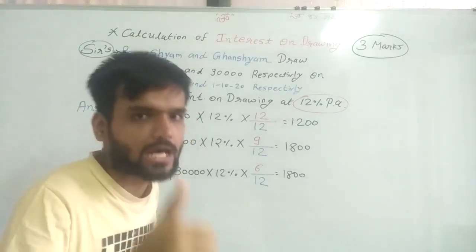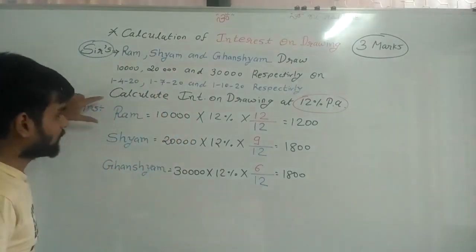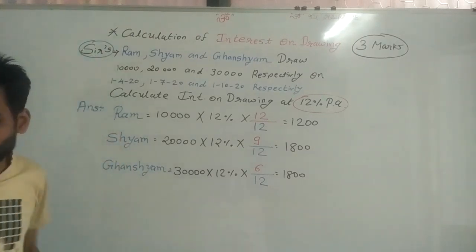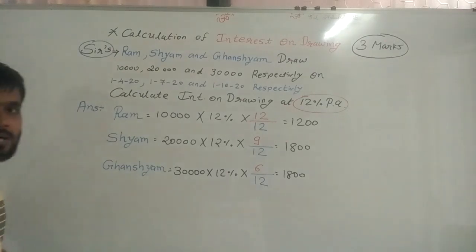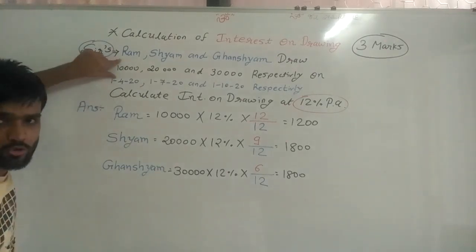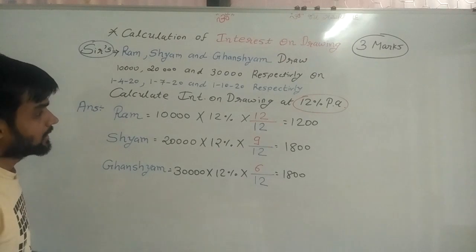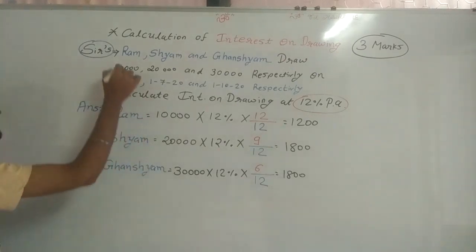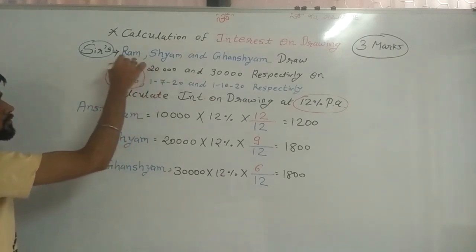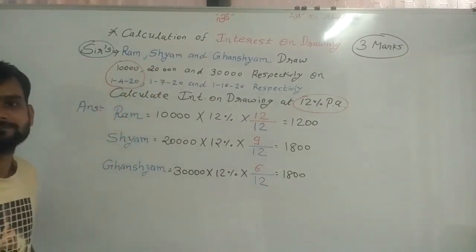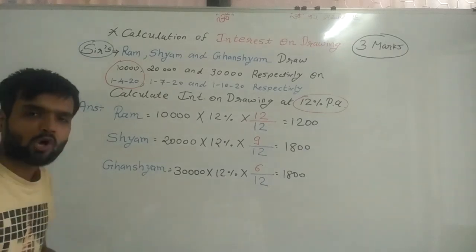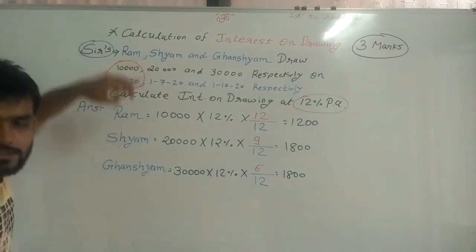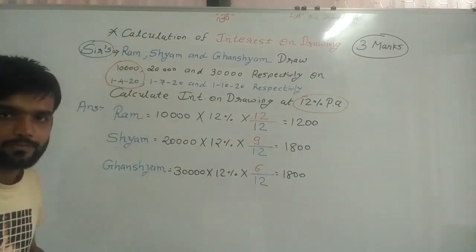Now for Ram, first of all we are seeing Ram. Ram has withdrawn 10,000 rupees and its date is given, 1/4/20. Now for how many months does he have to pay interest?